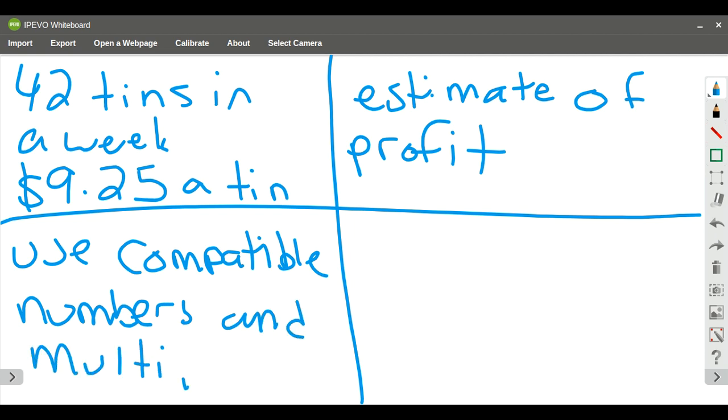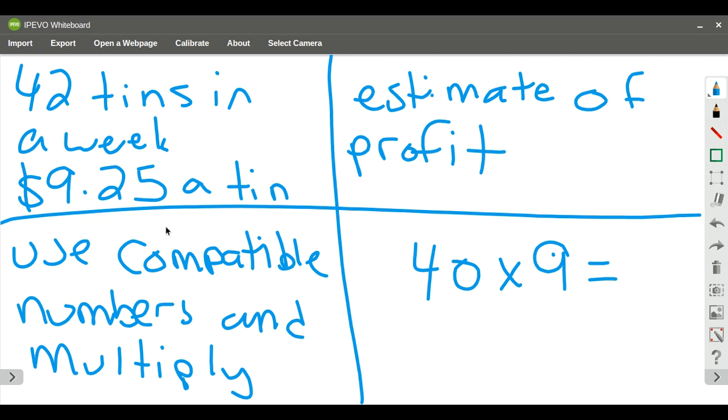The compatible numbers I'm going to use: I'm going to take $9.25 and go to the nearest whole number, which is 9. And then for 42, I am going to find a value that's near 42 that's going to be easy to multiply. In this case, I'm going to use rounding. So I'm going to do 40 times 9.